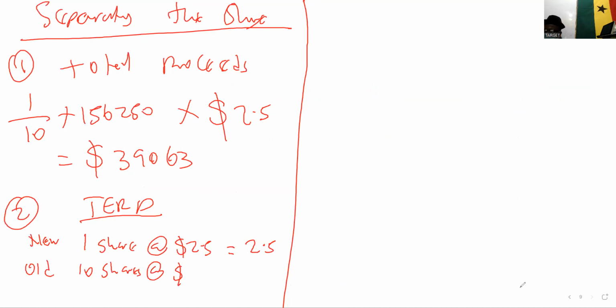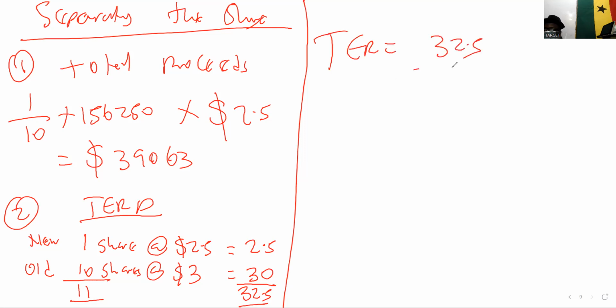So 10 times 3 will give us 30. Put the two together. You get 11 shares and 32.5. Now find the average of this. Therefore, TEP is equal to 32.5 divided by 11.